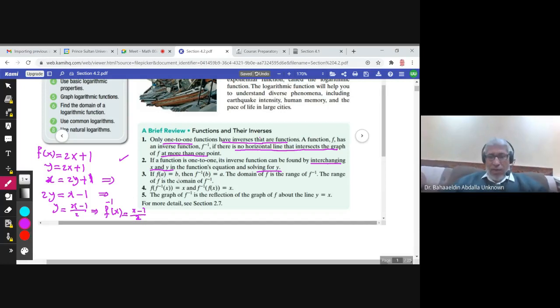Now, we also studied that if (A, B) is a point on the graph of f, then (B, A) is a point on the graph of f inverse.